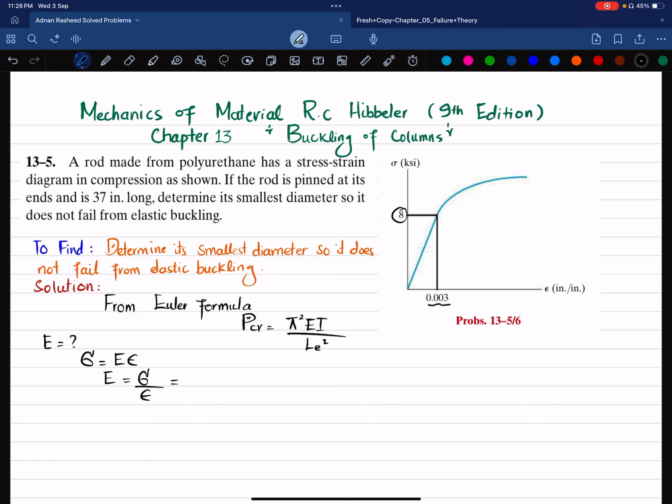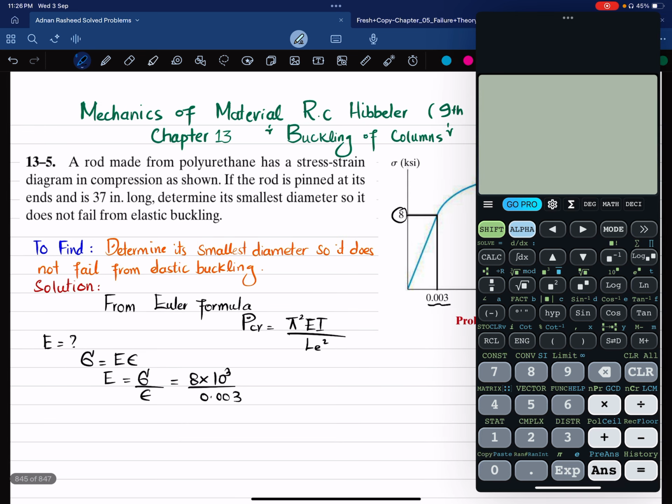So I can write it as 8 multiplied by 10 raised to power 3 divided by 0.003. So we will calculate it. 8 multiplied by 1000 divided by 0.003 will give you 2.6667 into 10 raised to power 6.